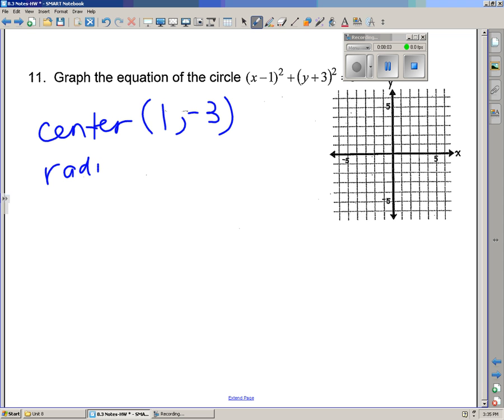My radius is the square root of 9, which is 3. So if I graph my center point, 1, negative 3, and then I do my radius, 1, 2, 3, 1, 2, 3, 1, 2, 3, 1, 2, 3, and I try to sketch my circle, there you have it. This is good for locus.